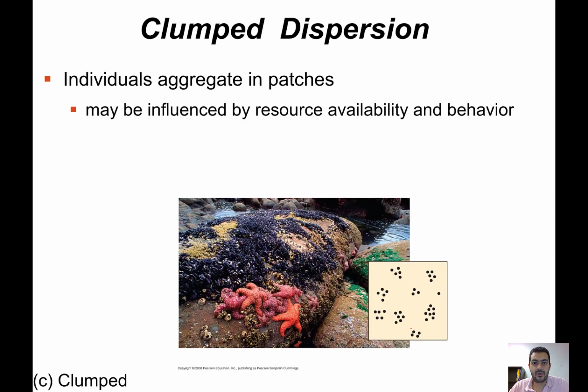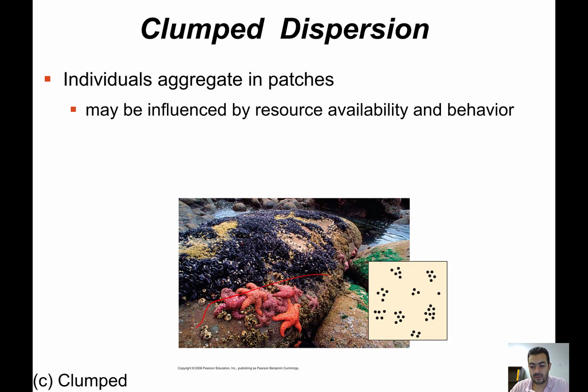The third type is the clumped dispersion, in which the individuals aggregate in patches, and this may be influenced by resource availability and behavior. In this example we see sea stars aggregated at the shore because of the availability of resources there.